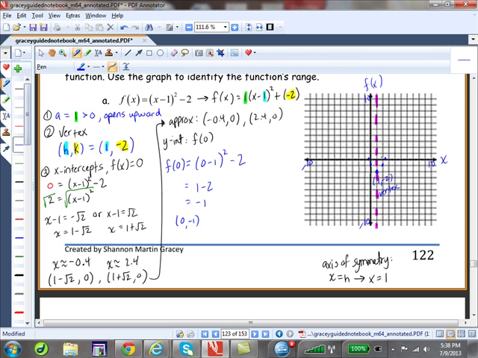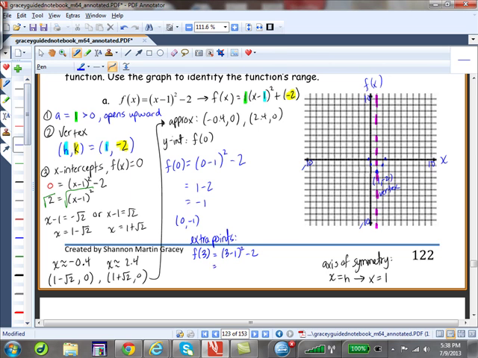They're kind of close to each other though. So I think I'm going to plug in one other value, and that'll give us 2 more points. So here we go. We're doing extra points. So why don't we do f of 3? So that's going to be 3 minus 1, the quantity squared, minus 2.